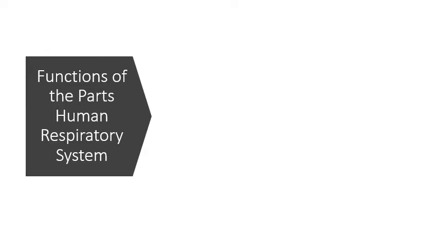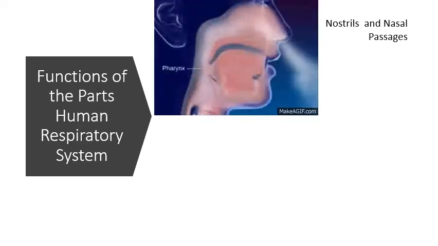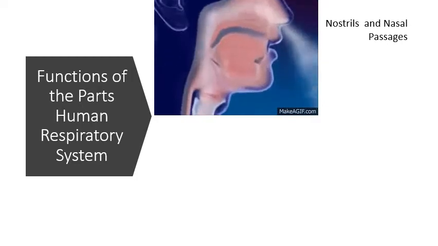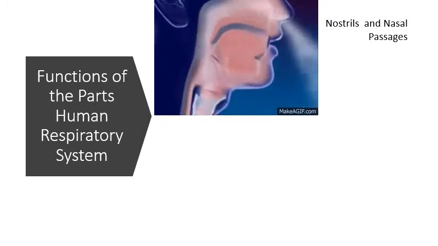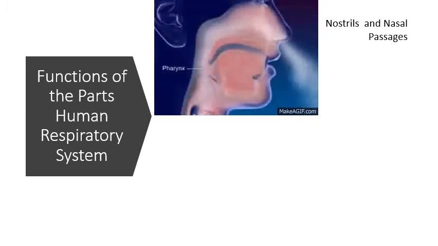What are the functions of the parts of the human respiratory system? At the top of the respiratory system, the nostrils bring air into the nose, where it is filtered, warmed, and moistened. Tiny hairs called cilia protect the nasal passageway and other parts of the respiratory tract, and filter out dust and other particles that enter the nose through the air we breathe.